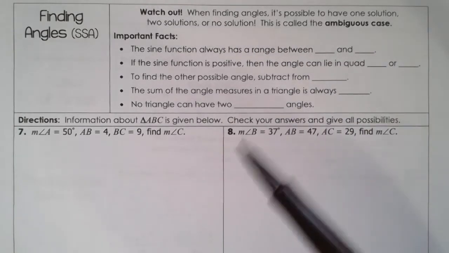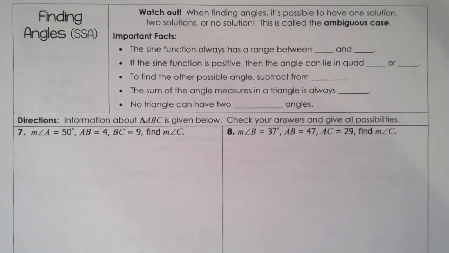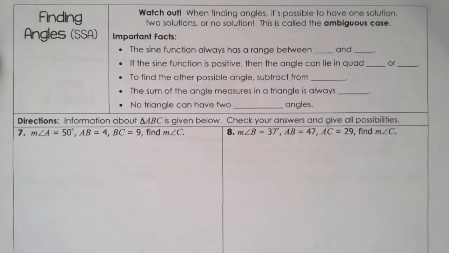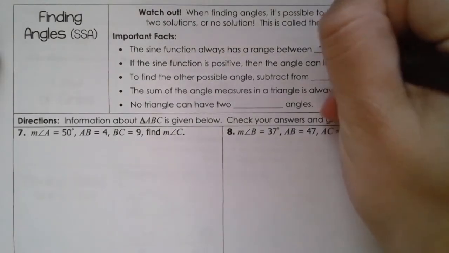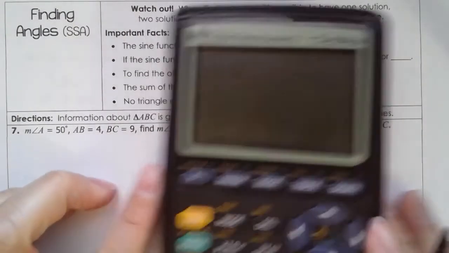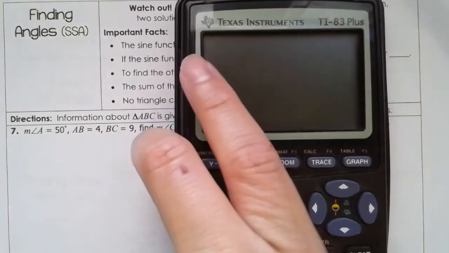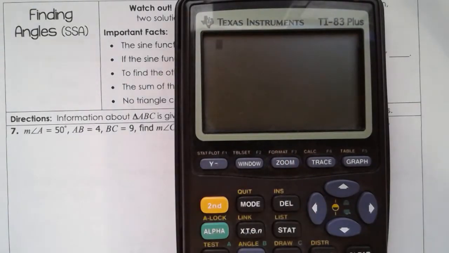Okay. Some important facts, things that we've seen now thanks to our unit circle lesson. The sine function always has a range between -1 and 1. What I mean by that is, think about all the values we've taken when we use the sine function, they can go as high as 1, right? If you go along the unit circle, you have sine of 0, which is 0, and then you have the various measures here.